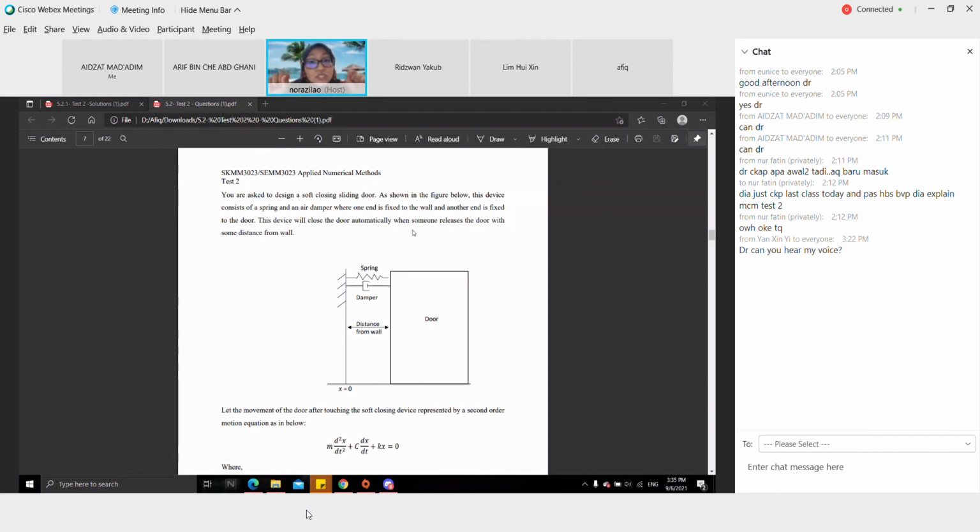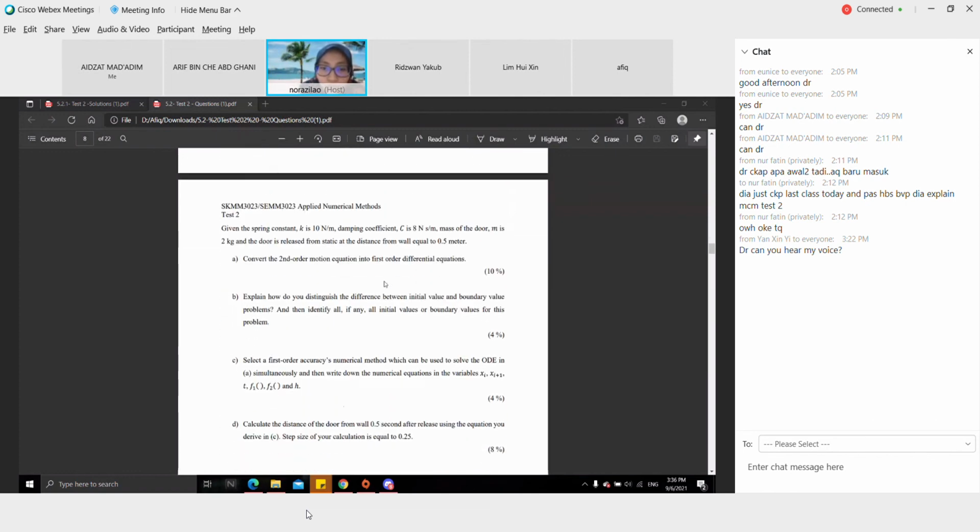This device closes the door automatically when someone releases the door with some distance from wall. Dia cakap some distance from wall. So, ujung-ujung fix. Apa yang berlaku tengah-tengah tu nanti kita tengok. Okay, so turun ke bawah.